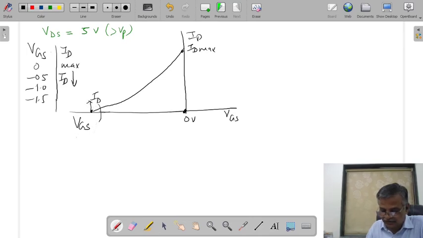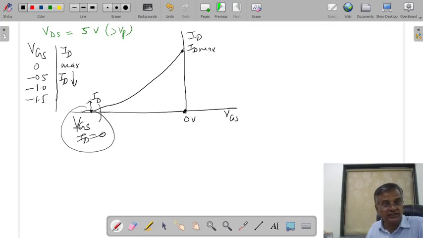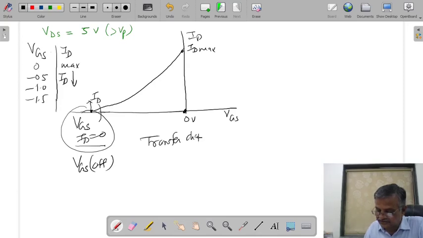The voltage between gate and source at which drain current is 0 is called VGS cutoff voltage. What is called VGS cutoff voltage? This is called transfer characteristics.